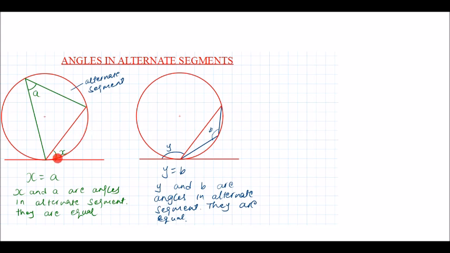So this property says the angle formed by the chord and the tangent is equal to the angle subtended by that chord in the alternate segment. This is the alternate segment to this one. So the angle formed by the tangent and the chord is equal to the angle formed by the chord at the circumference in the alternate segment.